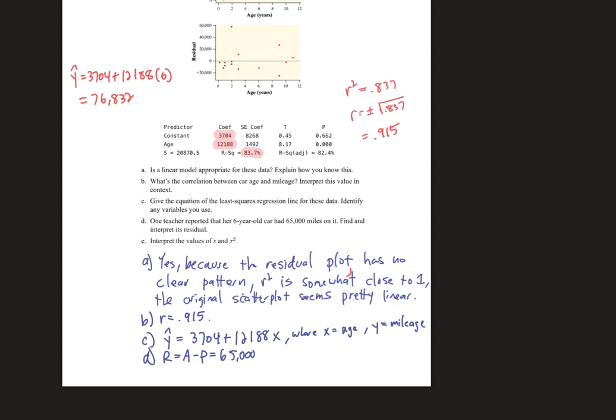Okay, so we'll subtract the 76,832 that we found from the actual, and in the calculator you get a residual of 11,832.